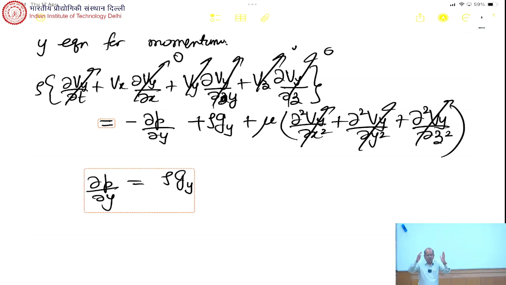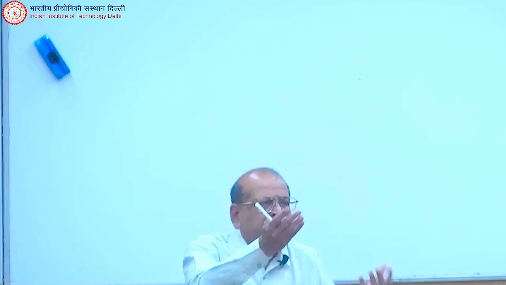Now suppose gravity is acting in the y direction. The way we have specified the pressure is P1 at the inlet. That means we are not considering the variation of gravity with pressure. This pressure is so high that the gravity effects are negligible.